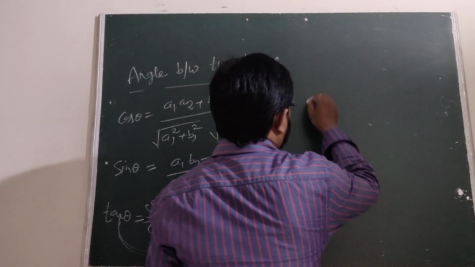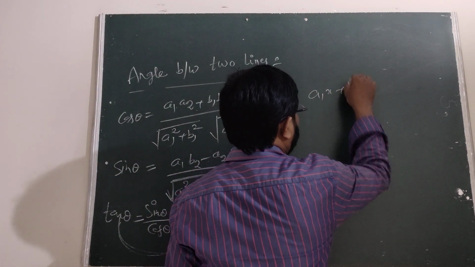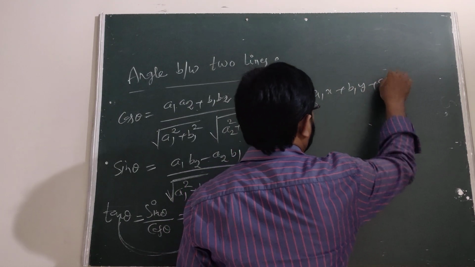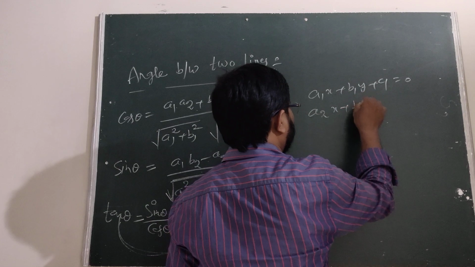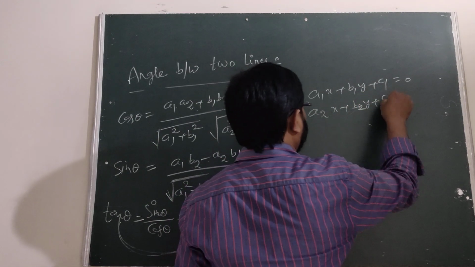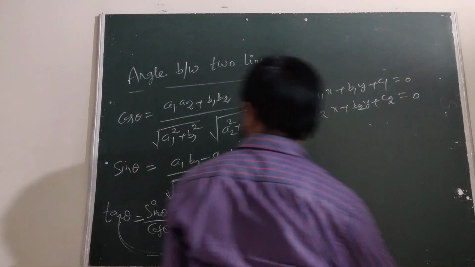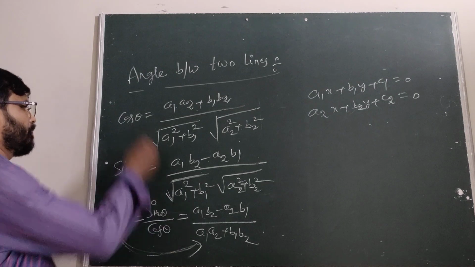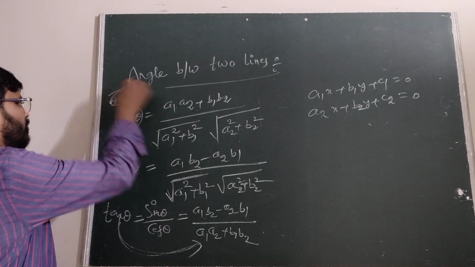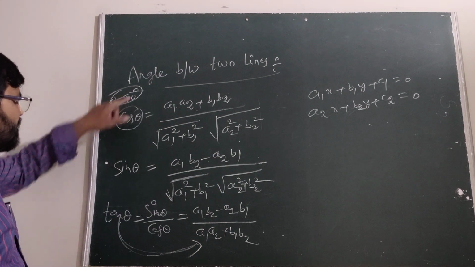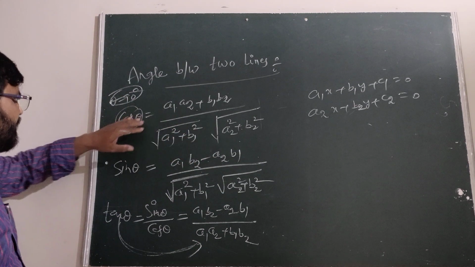Therefore, if you are taking the lines a1x plus b1y plus c1 equal to 0, and another line a2x plus b2y plus c2 equal to 0, when they are perpendicular, undoubtedly theta equal to 90 degrees. Cos 90 is 0, then it will be sent to the other side.